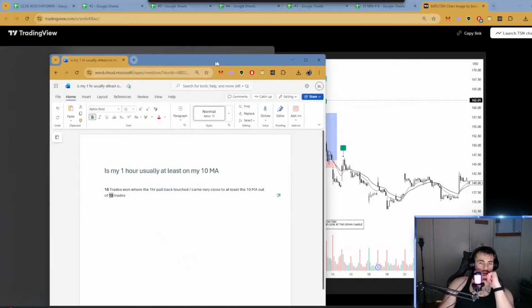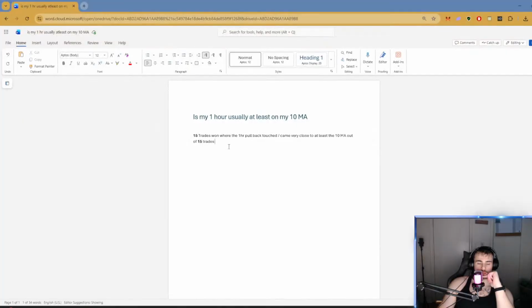I'm actually going to write that down here. Looks like price more often than not comes to the 10 or very close to, at least on pretty much all of my trades.